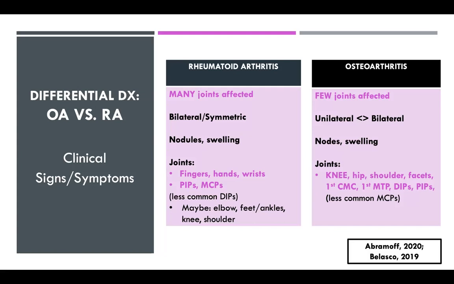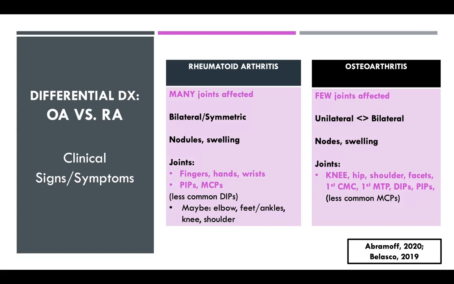It's a common place that rheumatoid arthritis affects some of the joints in the fingers and the hands, versus osteoarthritis can affect joints in the fingers, but it's more common in those distal digital joints, so DIPs, PIPs, distal interphalangeal or proximal interphalangeal joints.